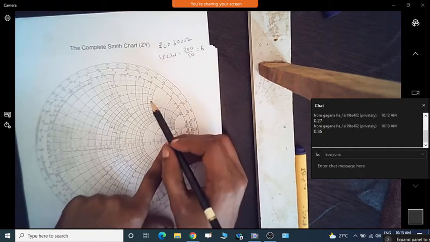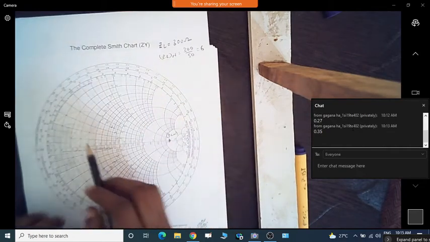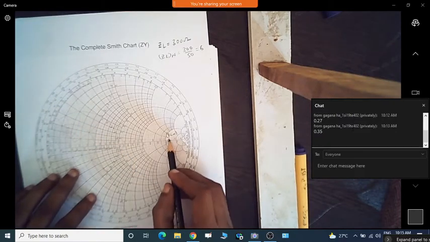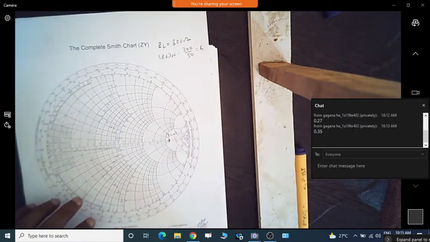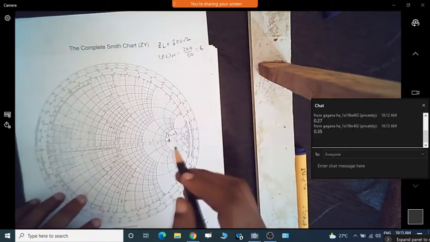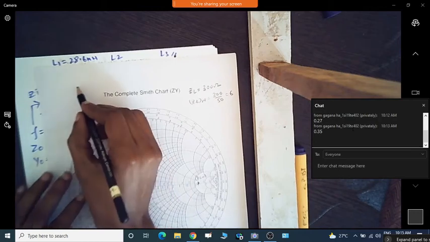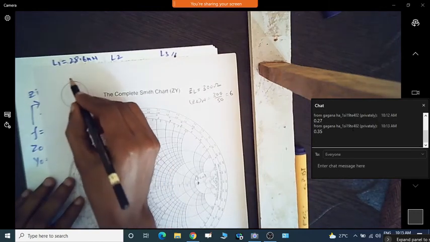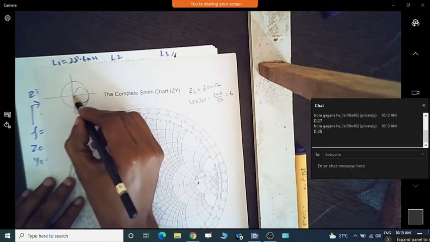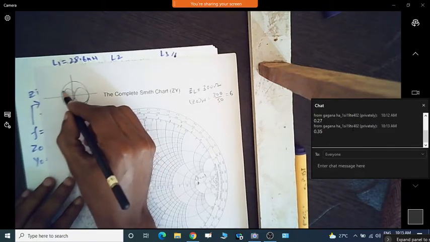So see the inductor reactance where it is, 0.48. Since we are adding the inductor, we have to move on the resistance circle. We have already seen where these are in the Smith chart, where we have the resistance and the conductance values.